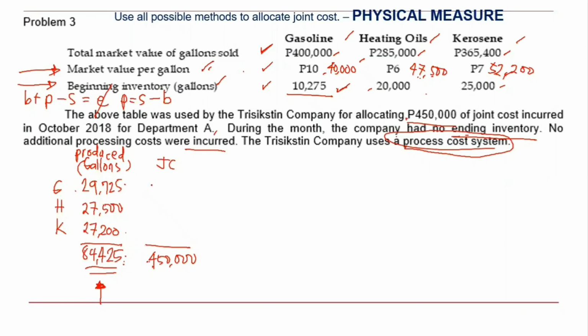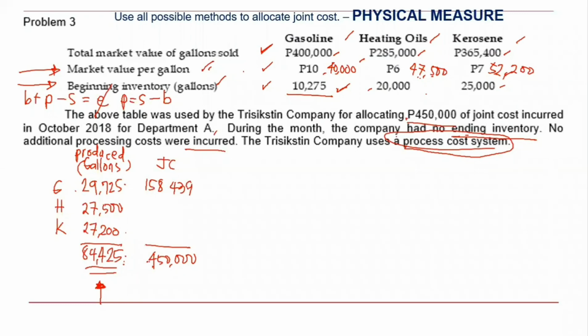Answer? 450,000 times 29,725 divided by 84,425. Ayan, dinahandaan ko na. It's 158,439. So I hope pare-parehas tayo.